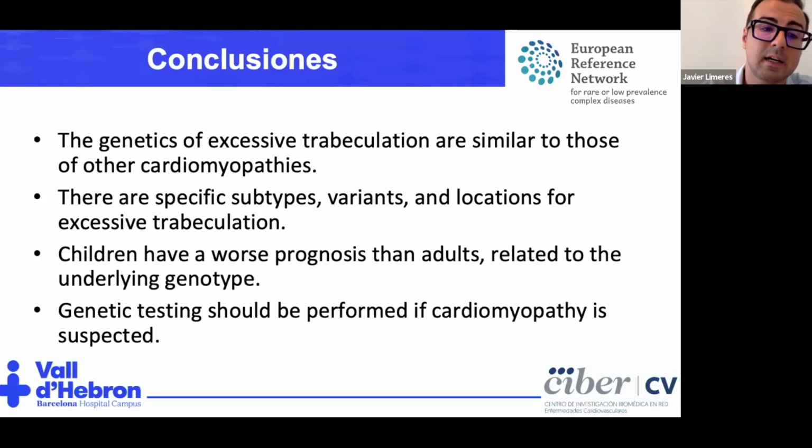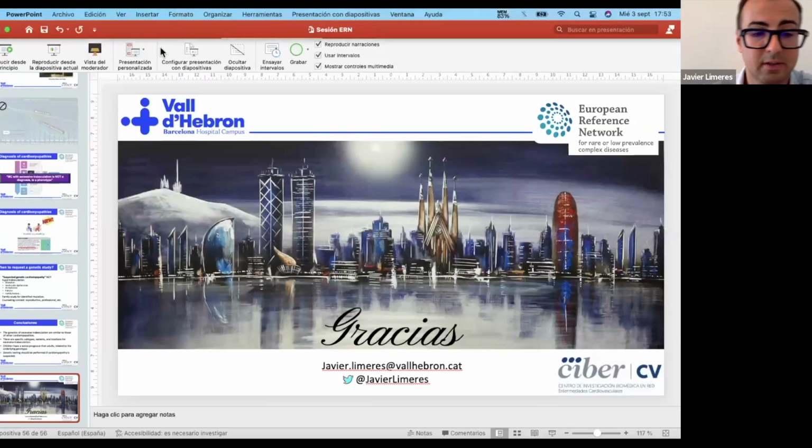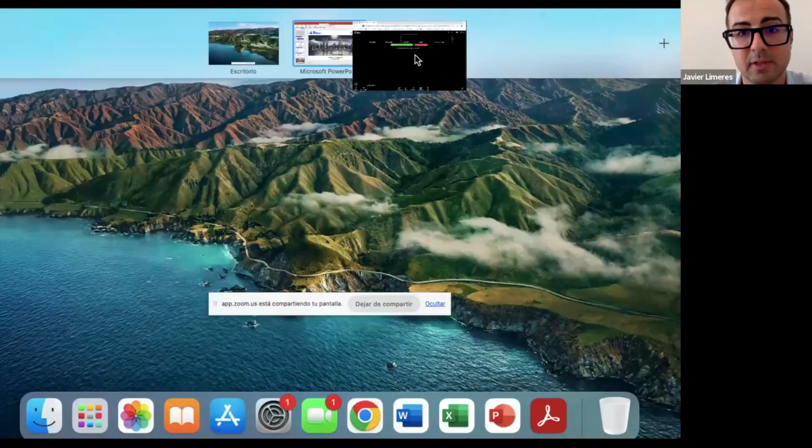And there is a little relation between the genetics and the clinical picture in children and adults, with different prognosis depending on the variant you find. And the genetic test should be performed if you suspect a cardiomyopathy. And this is all I want to tell you.